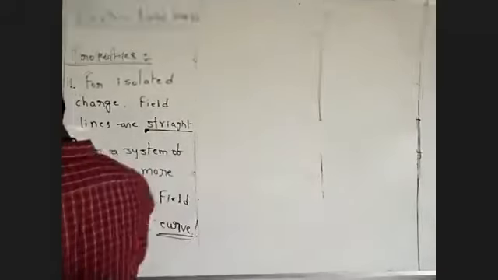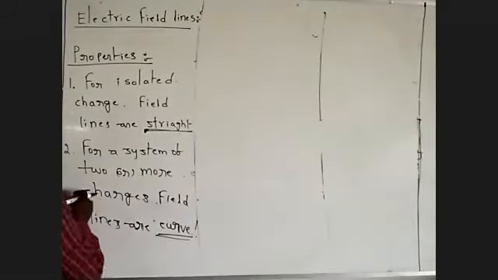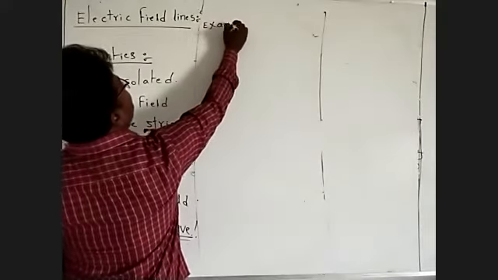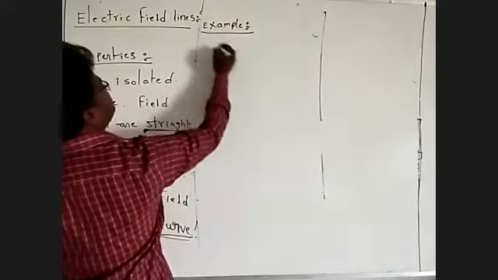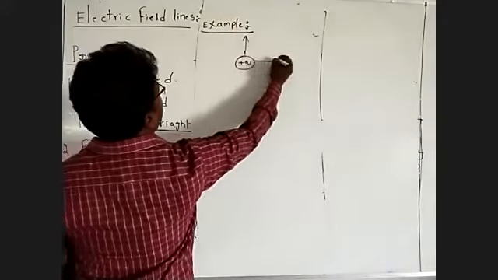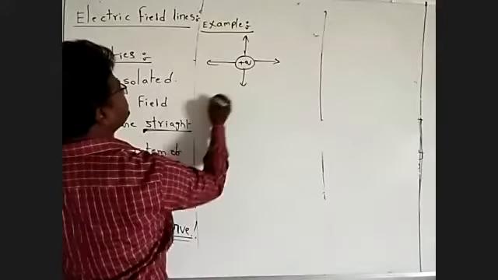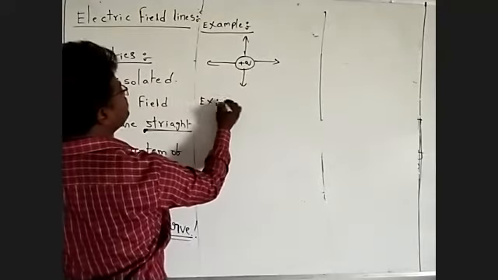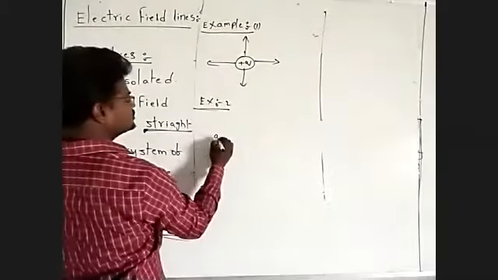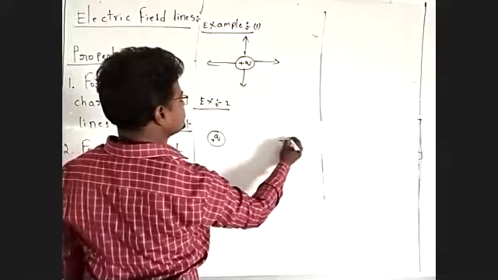For example, example 1. This is a positive charge, field lines in radially outward direction, straight. Example 2. This is a positive charge. This is a negative charge.